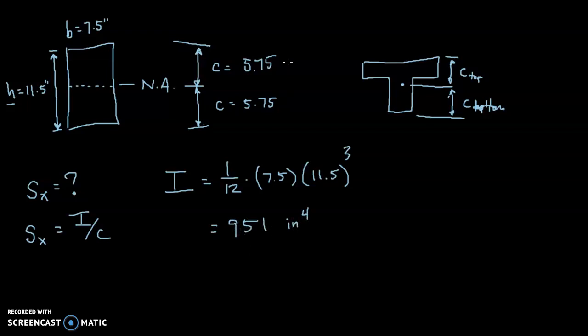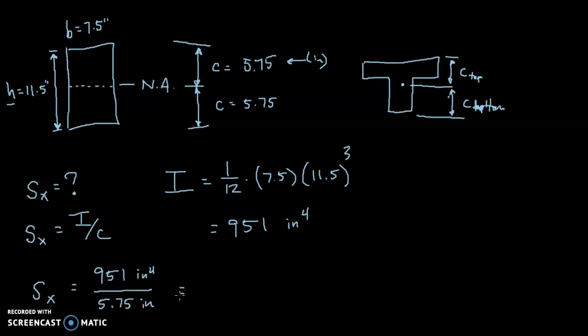And we've already determined c to be 5.75 inches. And so the section modulus, S sub x, is equal to 951 inches to the fourth divided by 5.75 inches.